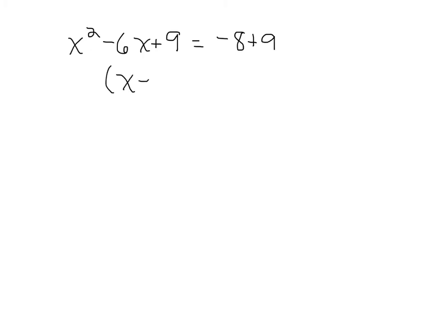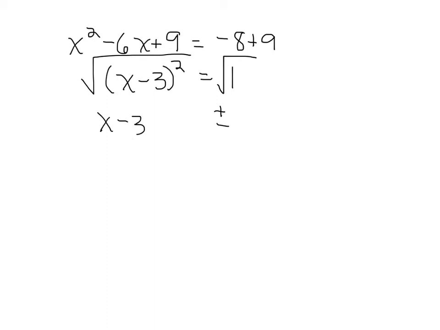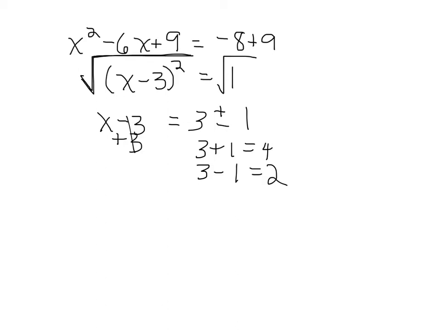And the reason why that's helpful is that I can then express this as a perfect square and move on to rooting both sides. I can take the square root of both sides, and I have x minus 3 is equal to positive or negative 1, meaning that x is 3 plus 1, or 4, or 3 minus 1, or 2. So we can complete the square and then take the square root of both sides.